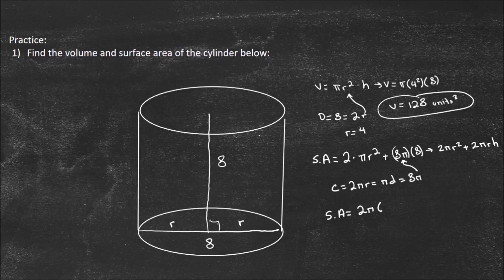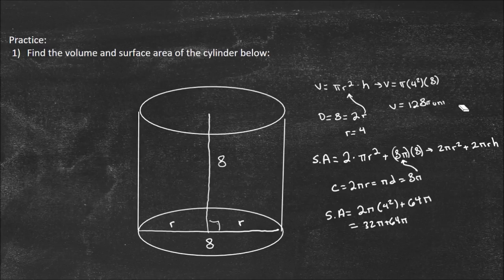So 2 pi times r squared is going to be 4 squared, plus 64 pi, just 8 times 8, and then pi. So 2 pi times 4 squared is 32 pi total. 32 pi plus 64 pi. And that's going to be, well, this should be 128 pi units. That's my bad. Let me fix that.